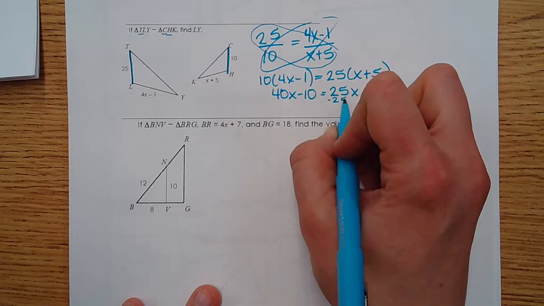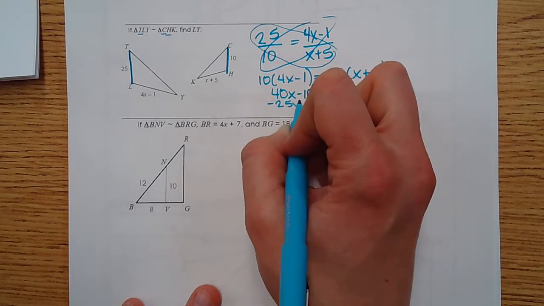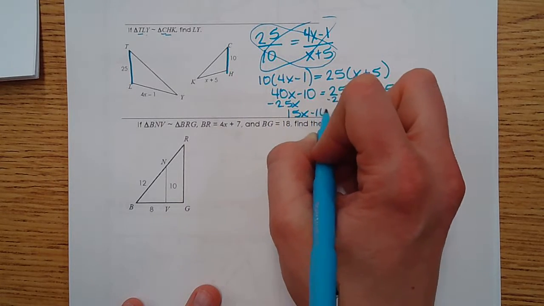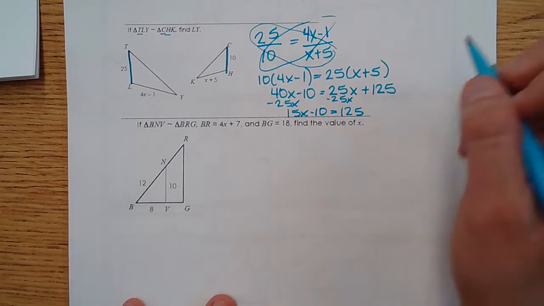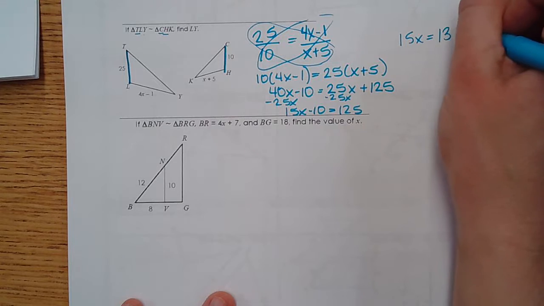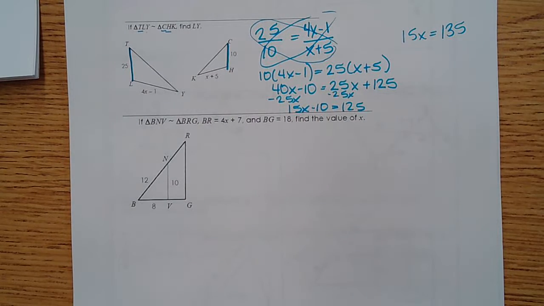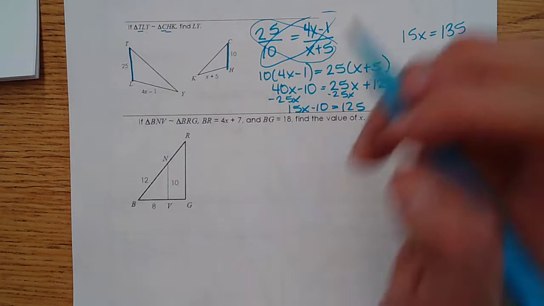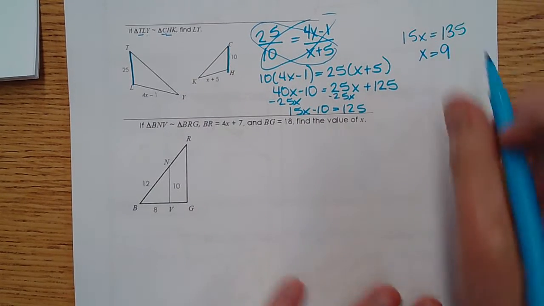Subtract the 25x here. We get 15x minus 10 equals 125. 15x equals 135 after I move. 135 divided by 15. X is equal to 9.